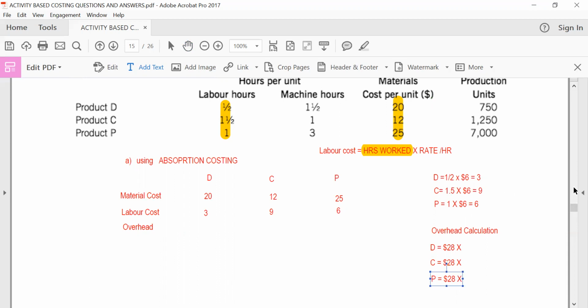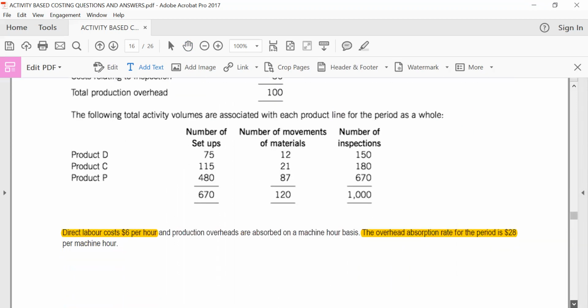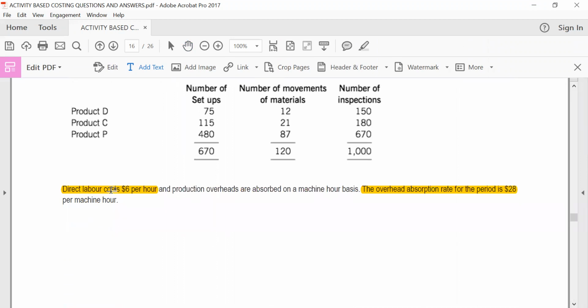Now, in absorption costing, we are absorbing it on the basis of what? The examiner will tell you either machine hours or labor hours. Let's get there. They say that direct labor costs are $6 per hour and production overheads are absorbed on a machine hour basis. So the examiner has told you. And if you look at this side, look at what he said.